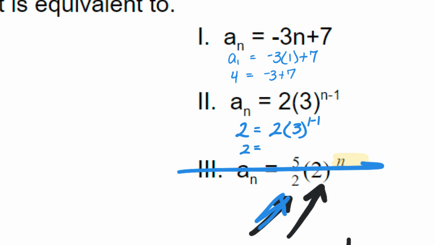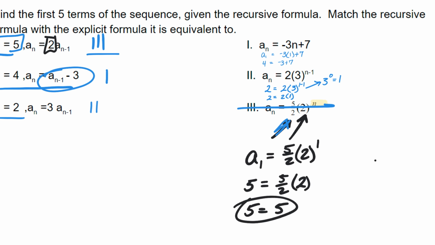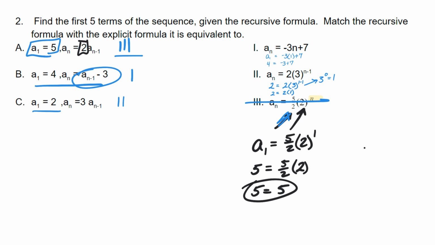So what we end up with essentially is 2 times 1, because 3 to the 0 power equals 1. So 2 times 1 is in fact 2. That would be my suggestion as you work through your recursive formulas, is just plug in and see which equations actually work. Be very conscious of this. Sometimes you may need to plug in more than one.